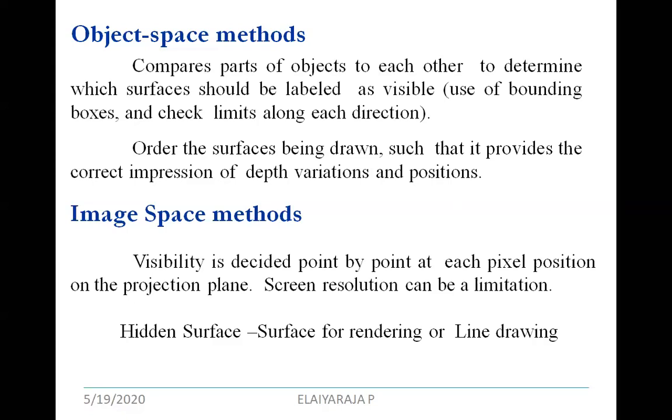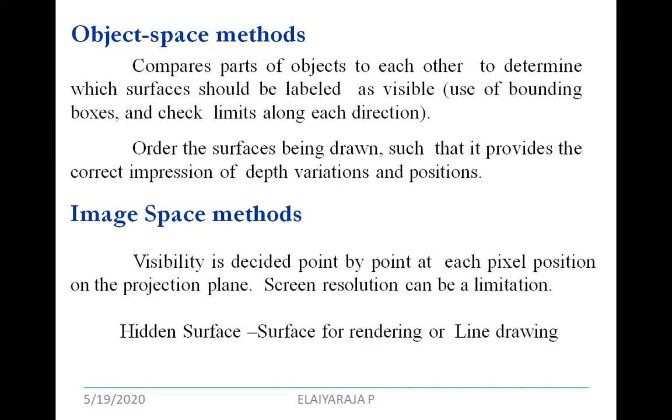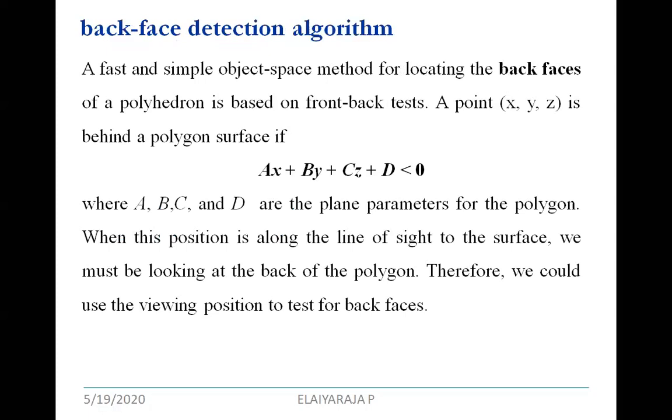Rectangular pixels are very flexible, so you can do the process more efficiently compared to the object space method. First, in the object space method, we are going to discuss the backface detection algorithm.